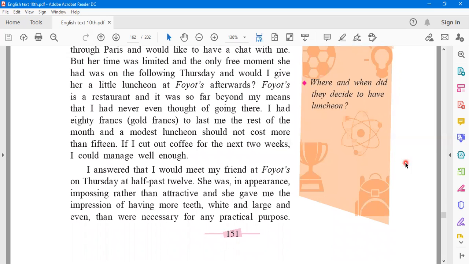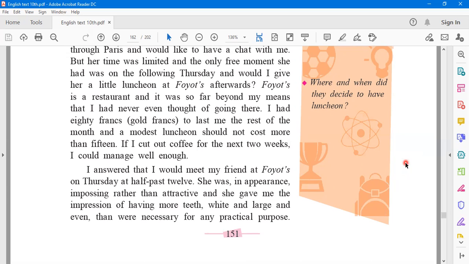Then you have the total amount of money that the writer had was 80 francs, and the drink that the author decided to cut off for the next 2 weeks to manage his finances was coffee. And the time of the luncheon, 12:30.